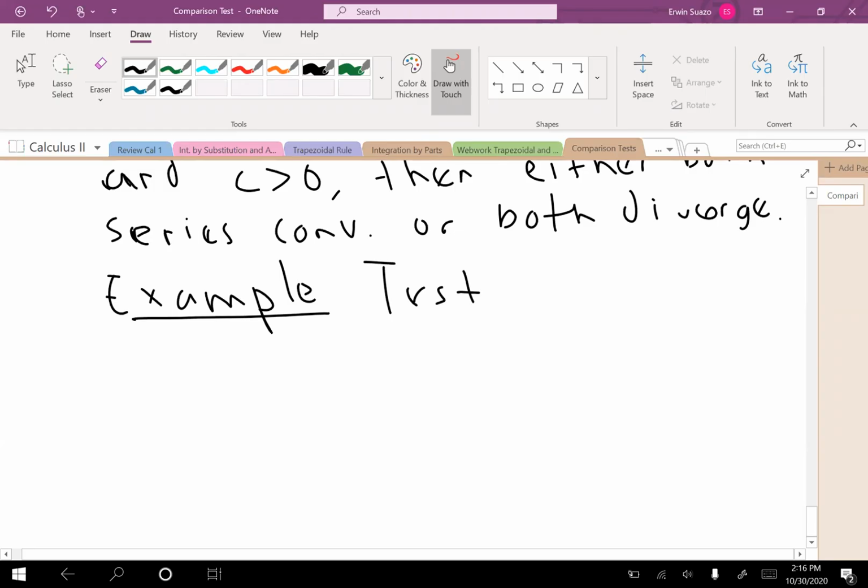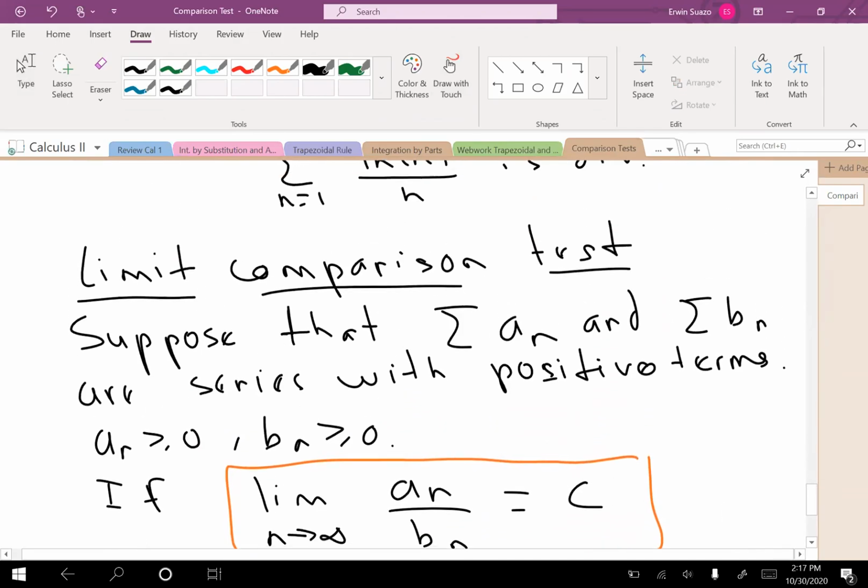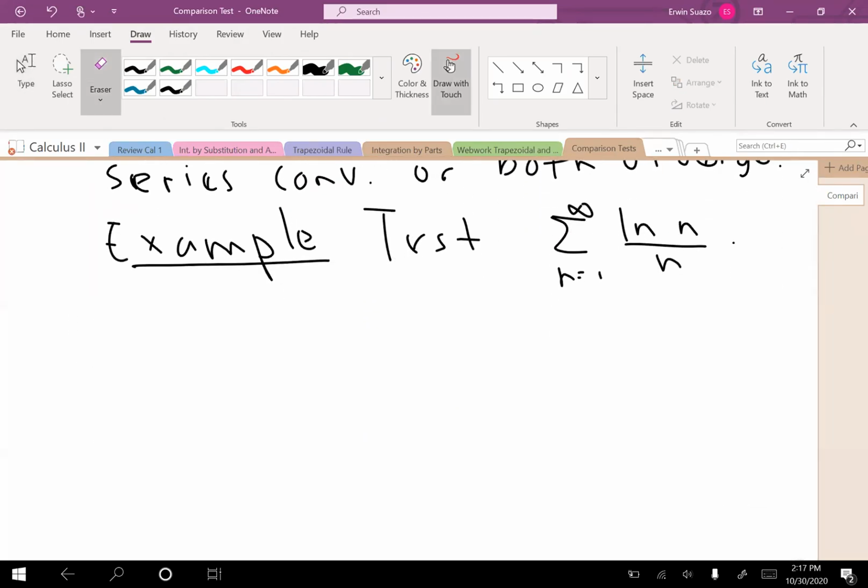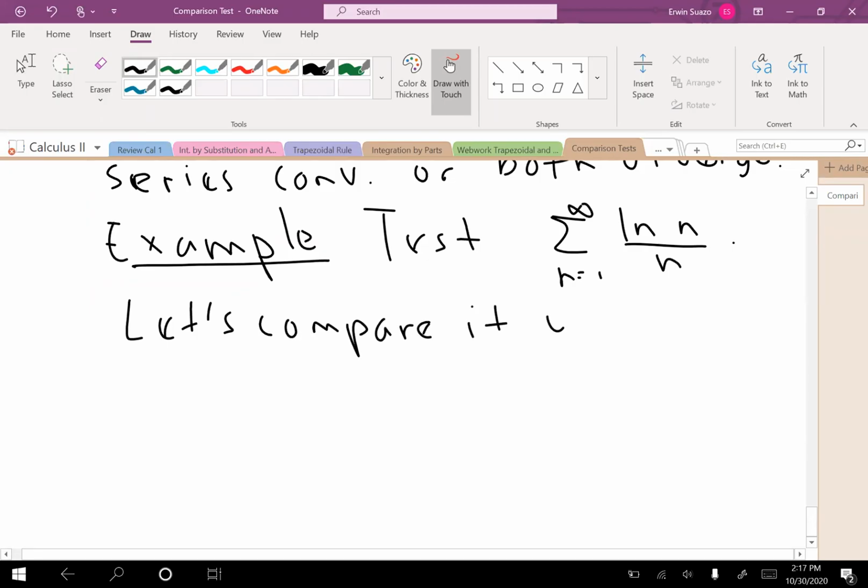Test the sum of ln n over n, n equals 1 to infinity, to see if the limit comparison test works. Let's compare it with the sum of 1 over n, n equals 1 to infinity.